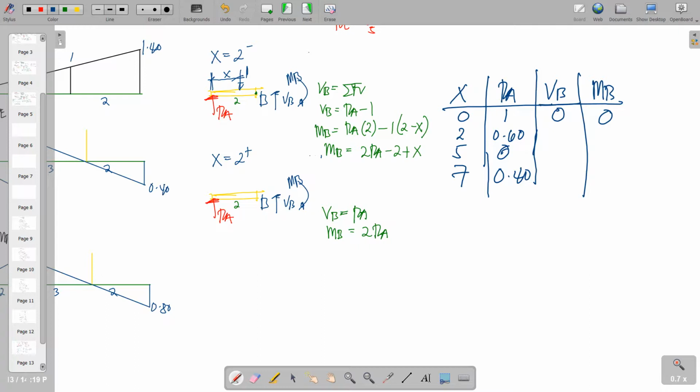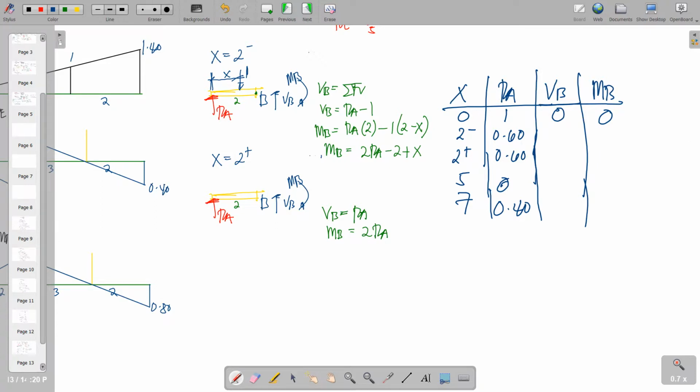And then shear at B. Perhaps we can reflect here a more detailed one. Let us just move this one, so that we can have here 2 minus and 2 plus. So just the same, we'll have the same RA.